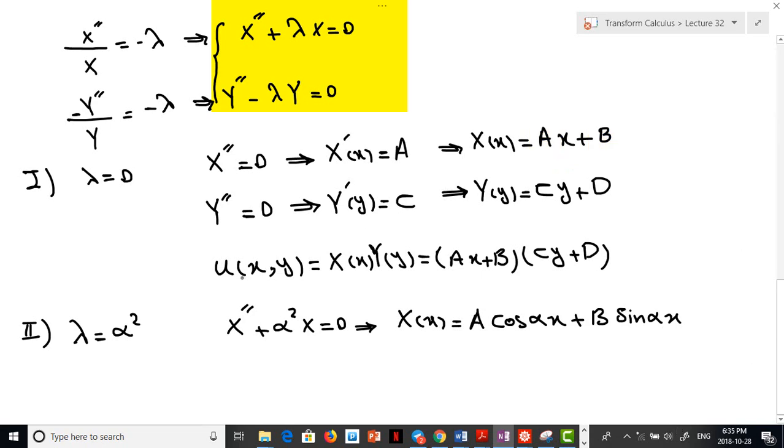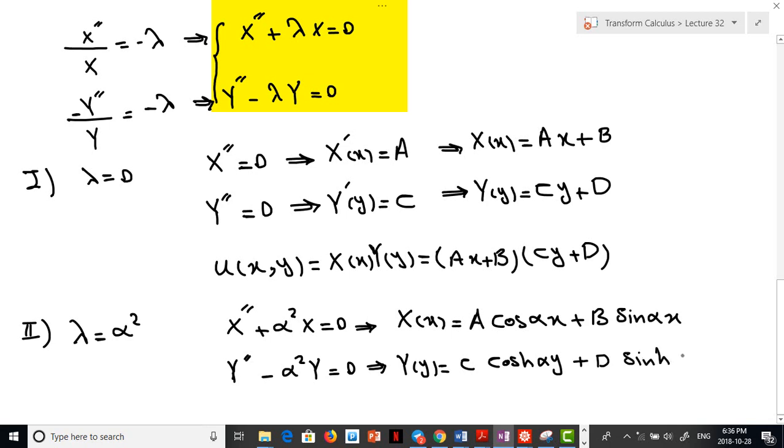And for the second equation, we have y double prime minus alpha squared y equal to 0. As a result, Y of y is equal to c cosine hyperbolic alpha y plus d sine hyperbolic alpha y.